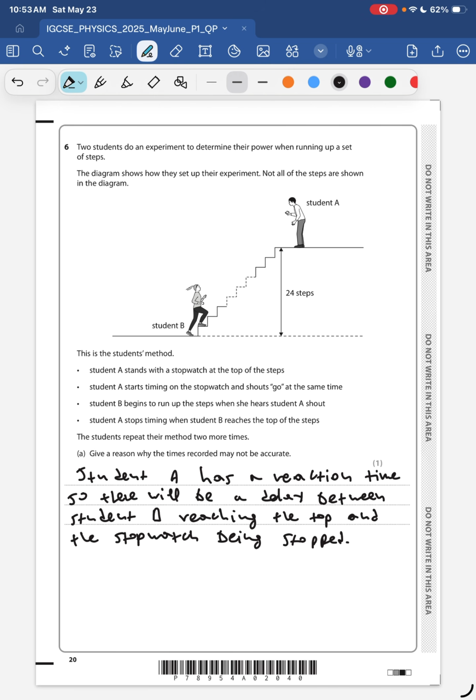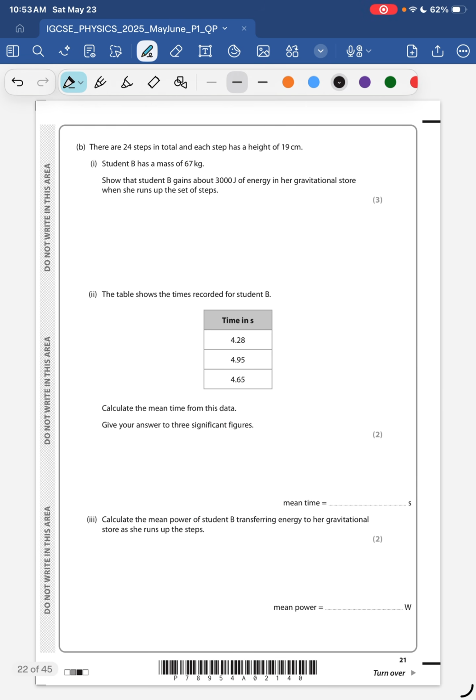Similarly, there will be a delay at the start. Okay, this was question A.